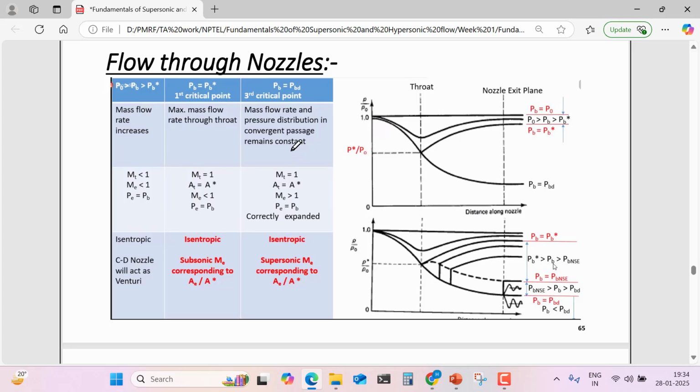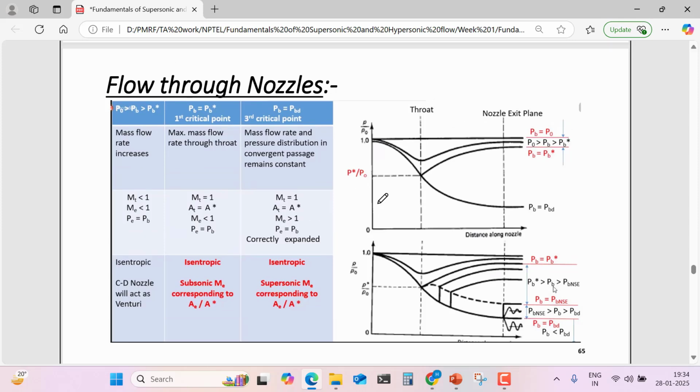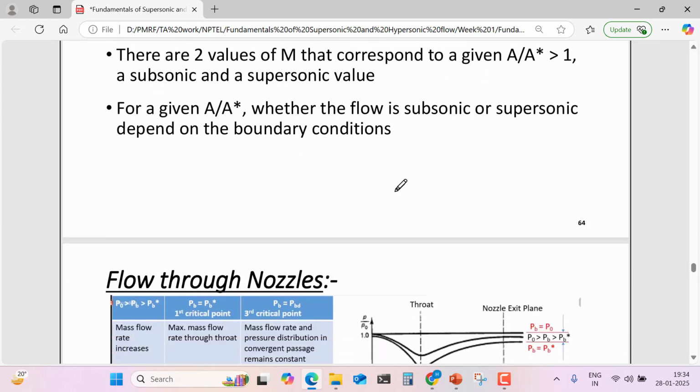First we will define the critical point. So what happens through the nozzle is, let's say, feeding the nozzle. What happens here?